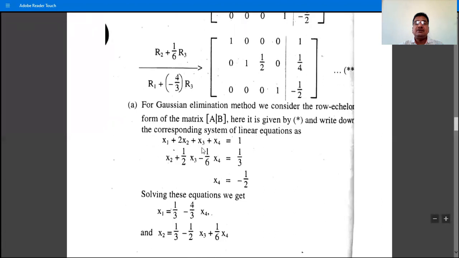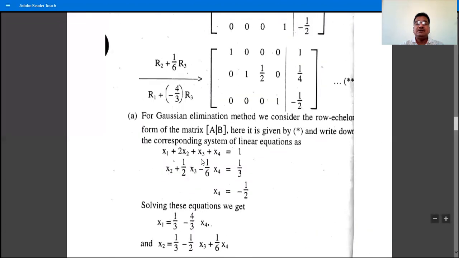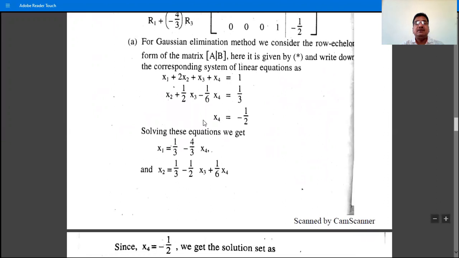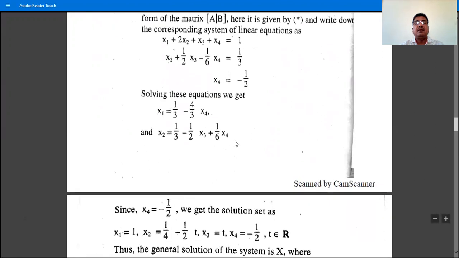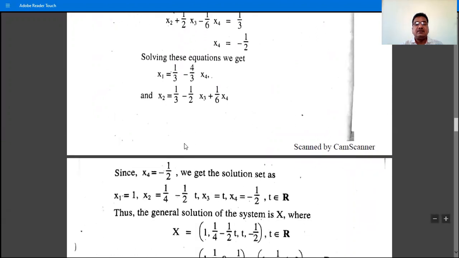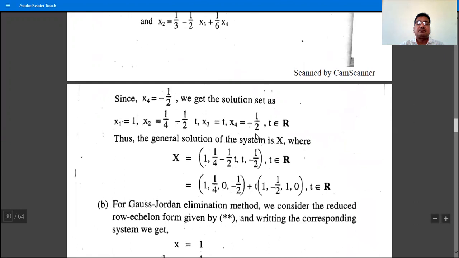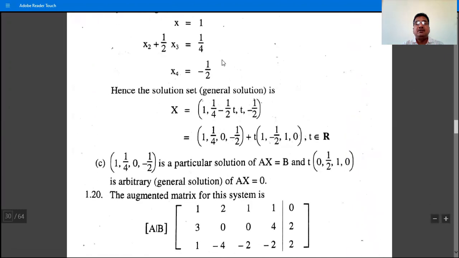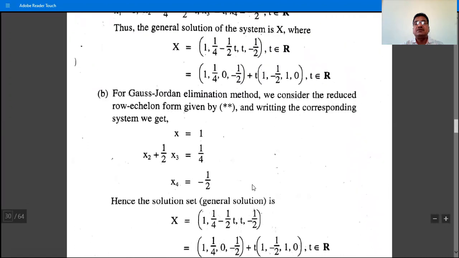By using the Gauss elimination method, this is the system after rewriting the equations. Again there are four variables and three equations, so assign one variable, suppose x3 as t, and then find x1 and x2. So this is the solution set, and by the Gauss-Jordan elimination method, this is the solution set.